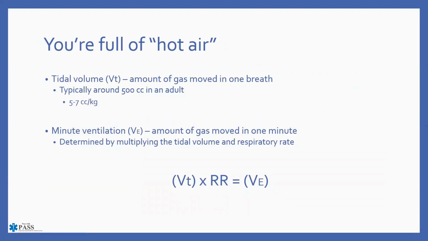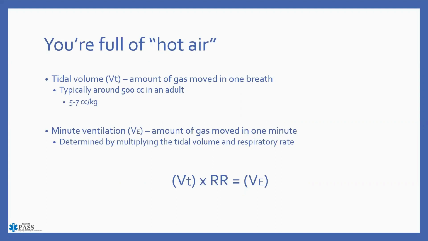So we're really all full of hot air, and I think some of us probably more so than others. But tidal volume is the amount of gas that is moved in one breath, and it typically ends up balancing out around 500 cc's in an adult patient. This equates to about 5 to 7 cc's per kilo of body weight. And this number is important for any of you all that have a transport ventilator or the ability to put your patient on a vent.